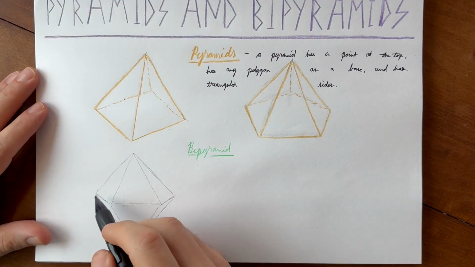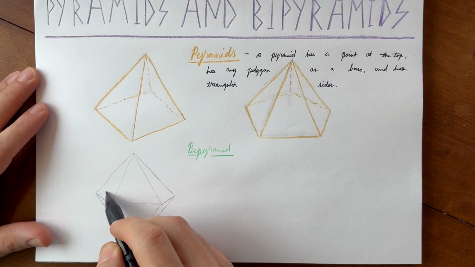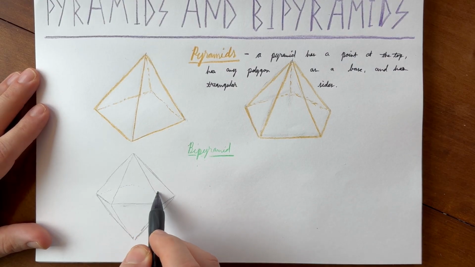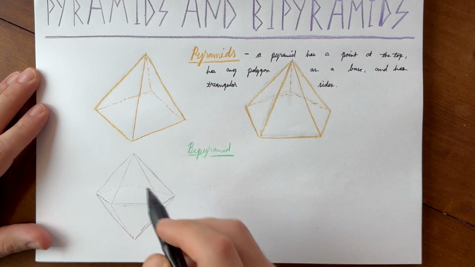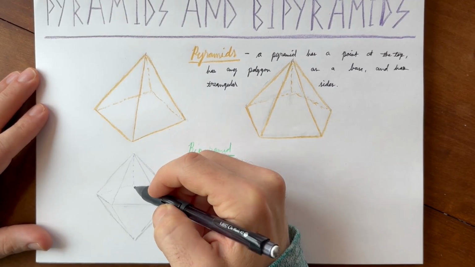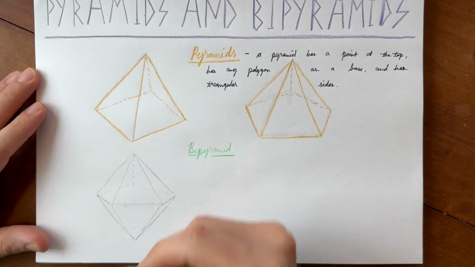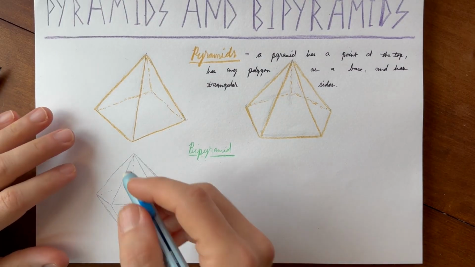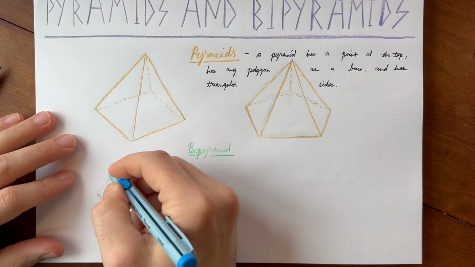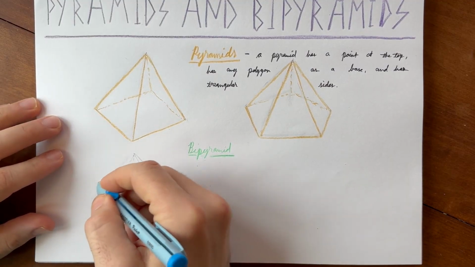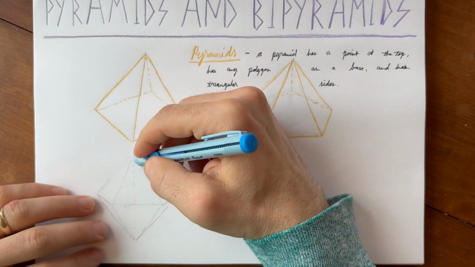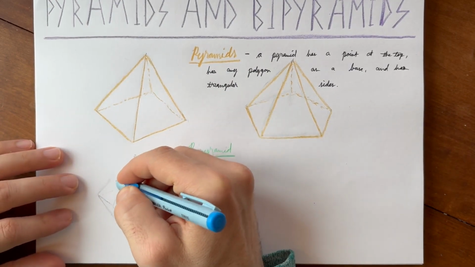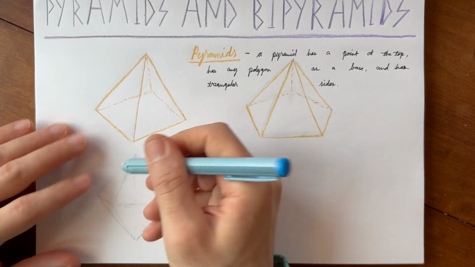And then these will come up the back, meet about there. All right, that's good enough for me. Just gonna lighten these lines so it doesn't show up so much through the colored pencil.